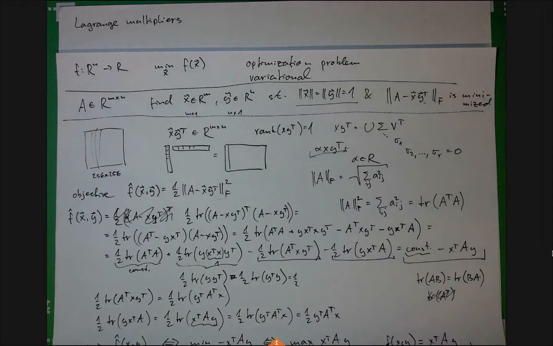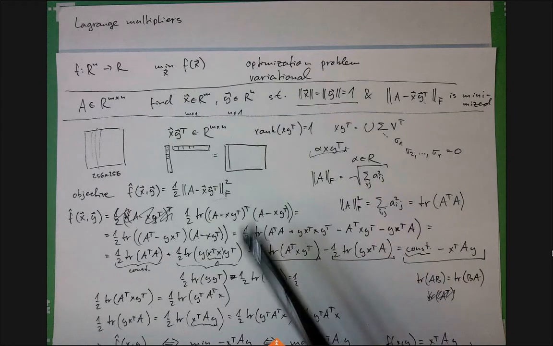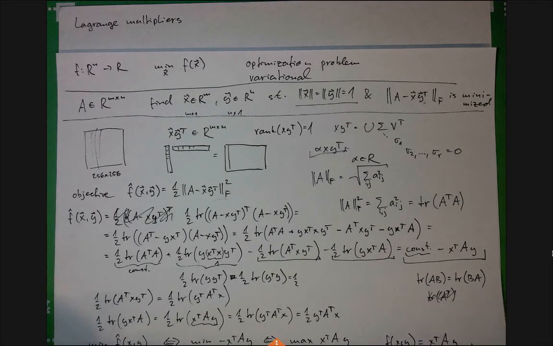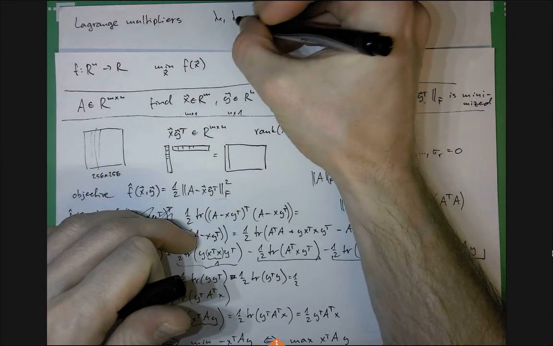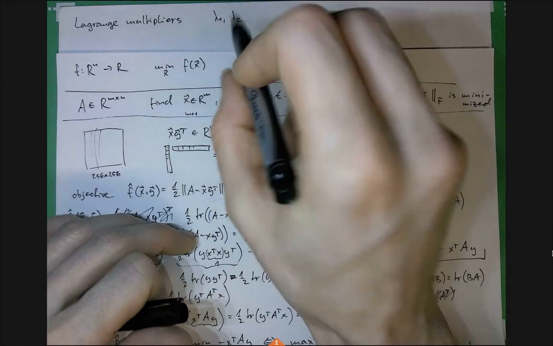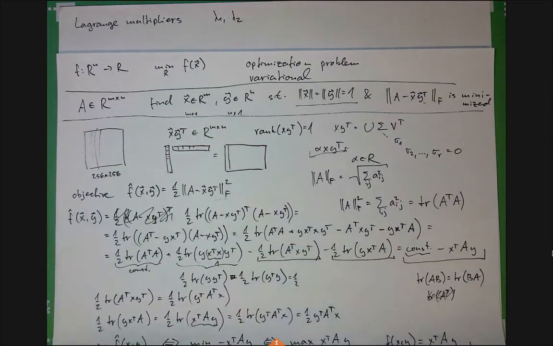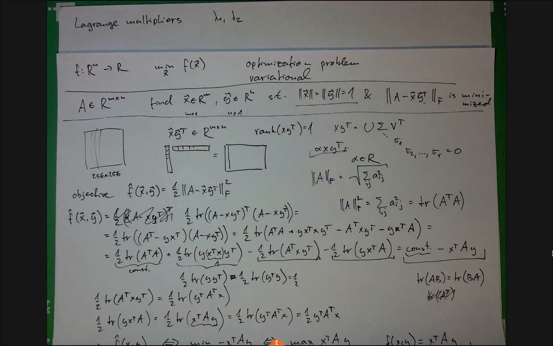They formulate a function called the Lagrangian, which introduces, in this case, 2 multipliers, because we have 2 constraints: one constraint on x and one constraint on y. So here we need to introduce 2 Lagrange multipliers, lambda 1 and lambda 2, not to be confused with eigenvalues. Well, it will have to do something with eigenvalues, as we will see later.